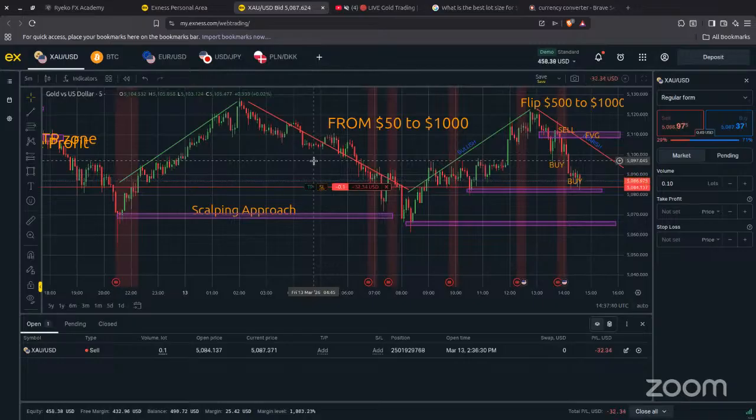Now, how will you know that it will come down? How will you know it will go up? You look at the market in the past 4 hours. That's what I do. So the past 4 hours, you see, this is US. It's the market time in the US. The US market opens at around 12:30. Okay. That means some hours ago.